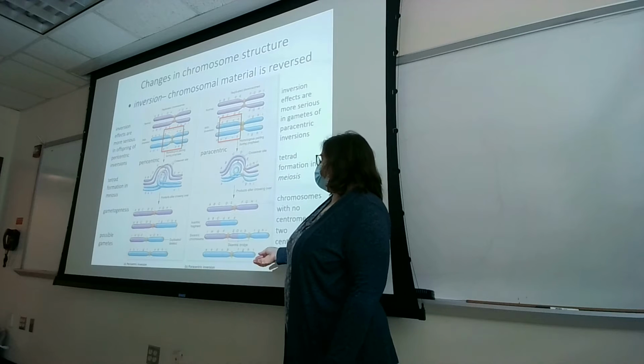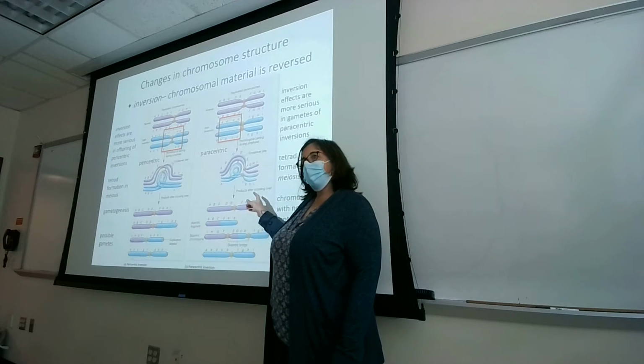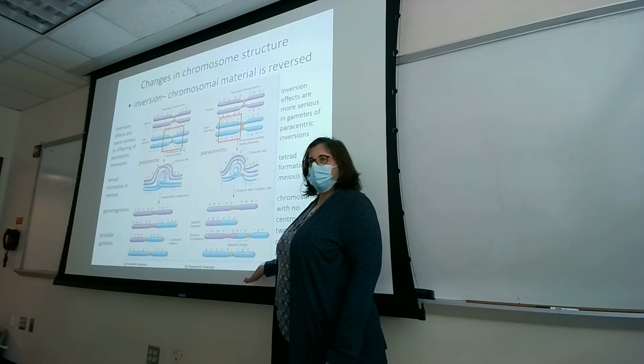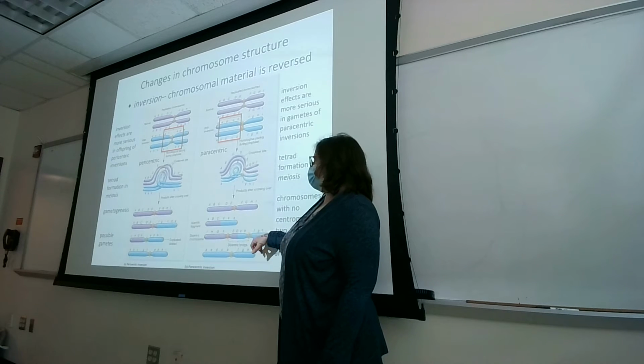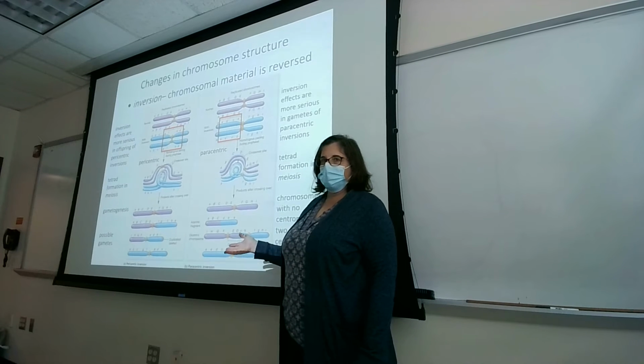So the only outcome you'll get are these normal individuals, but only half the time will you actually have fertility. You see, it decreases fertility because half the time you're working with gametes that will never produce an offspring.